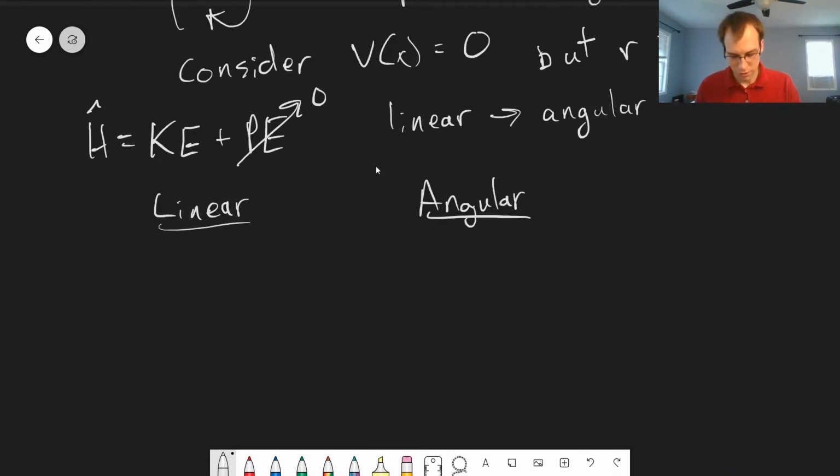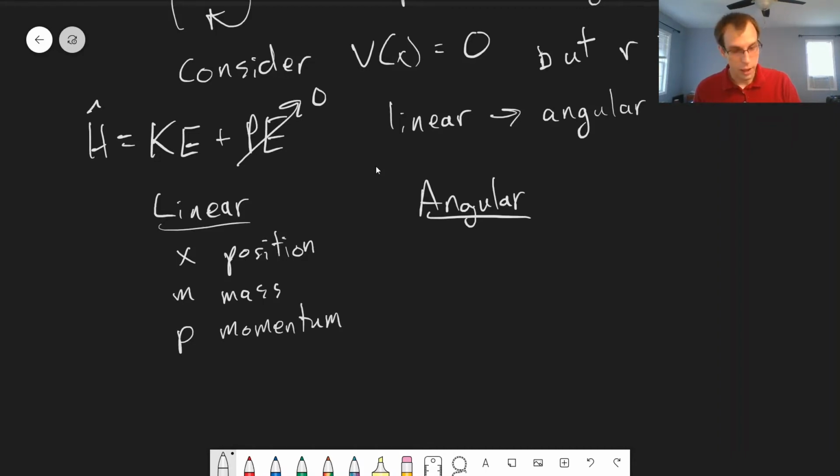We can describe angular things that rotate in physics, and this is done all the time. In linear systems, we have variables that we use to describe our system. We have x as position, m as mass, p as momentum, and v as velocity.